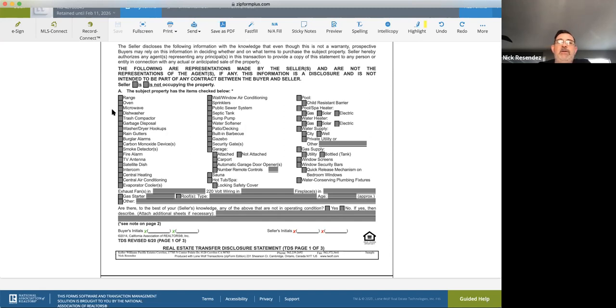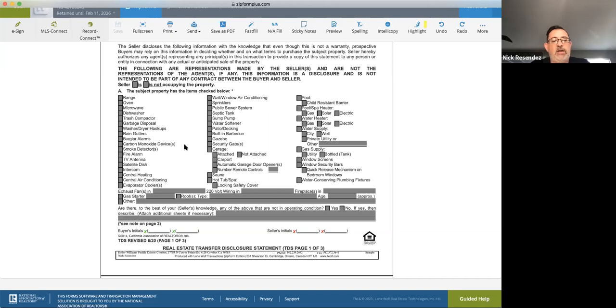Okay. And you can see it starts off with range and oven and microwave. Actually, you're supposed to read from left to right: range, window, wall, AC, pool, etc. Okay. All these things. And all you're doing is checking off whether they exist or not. You're not stating yet whether there's any issues or not. You're just checking what is there inside of the property. And that's what the seller is now representing.